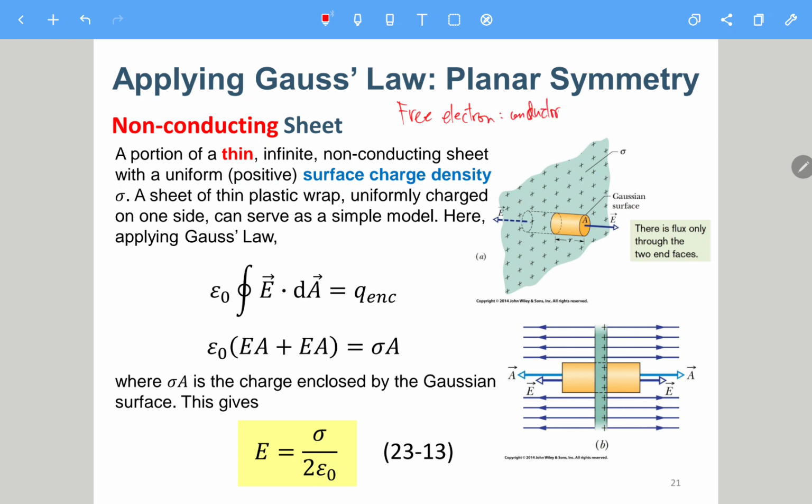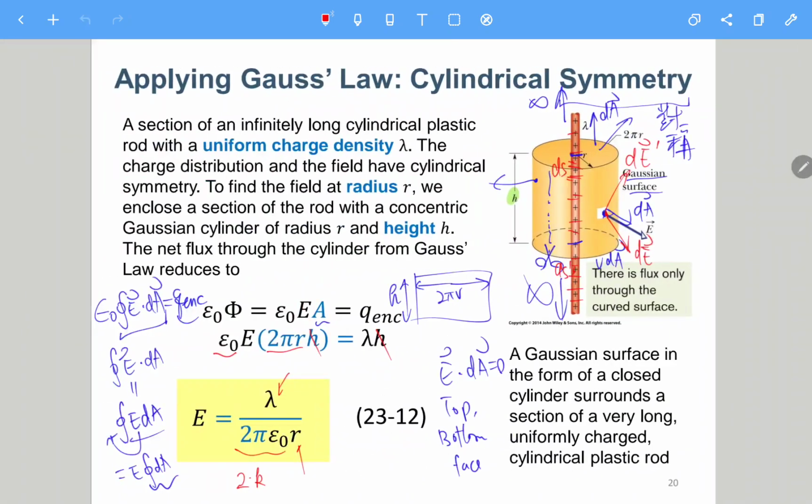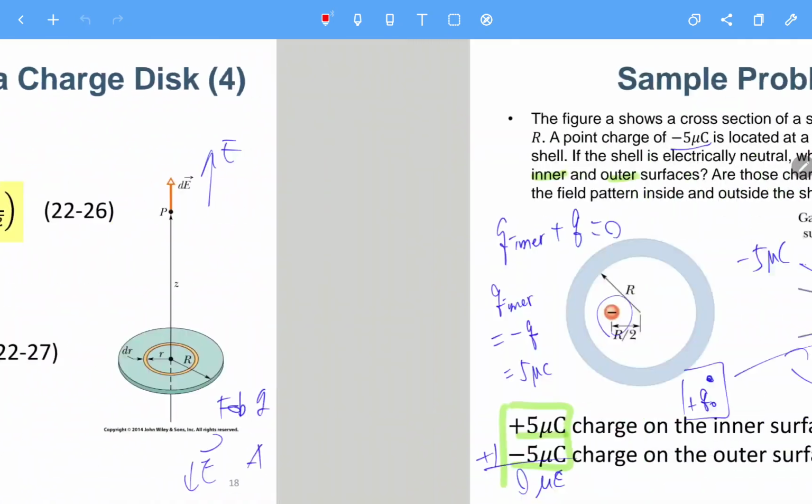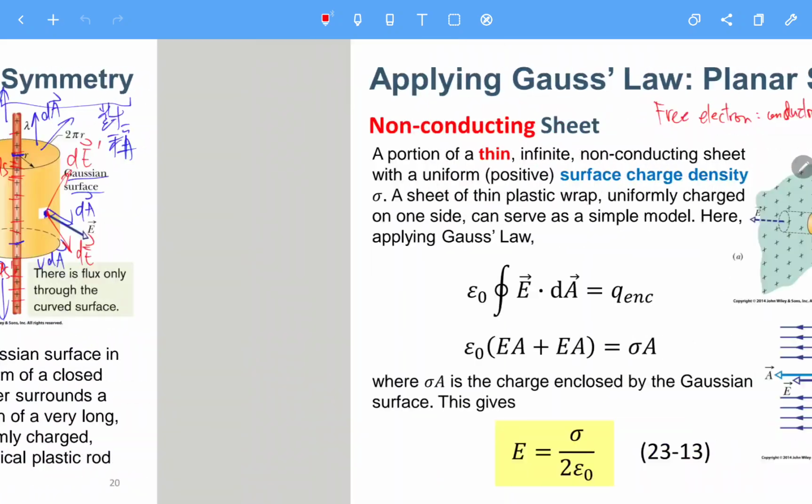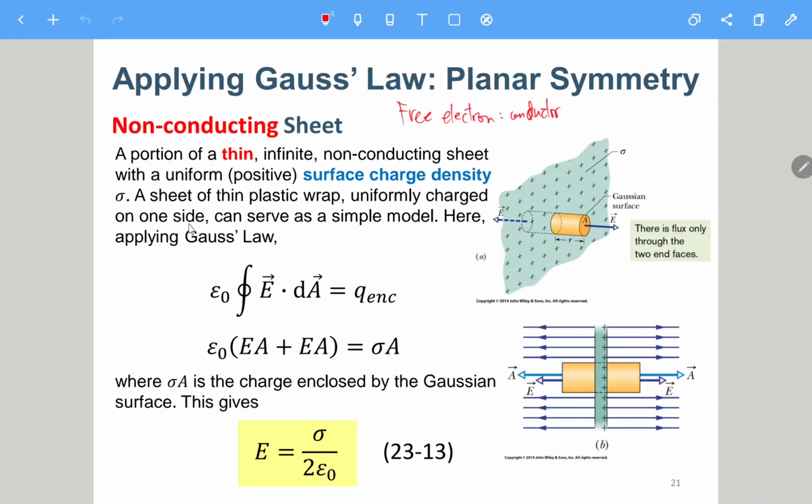The main difference is that there will be induced charge like this. So in this question, it mentioned this is a metal shell, so there will be induced charge. But if it is non-conducting, then it will usually assume there is some specific charge distribution.